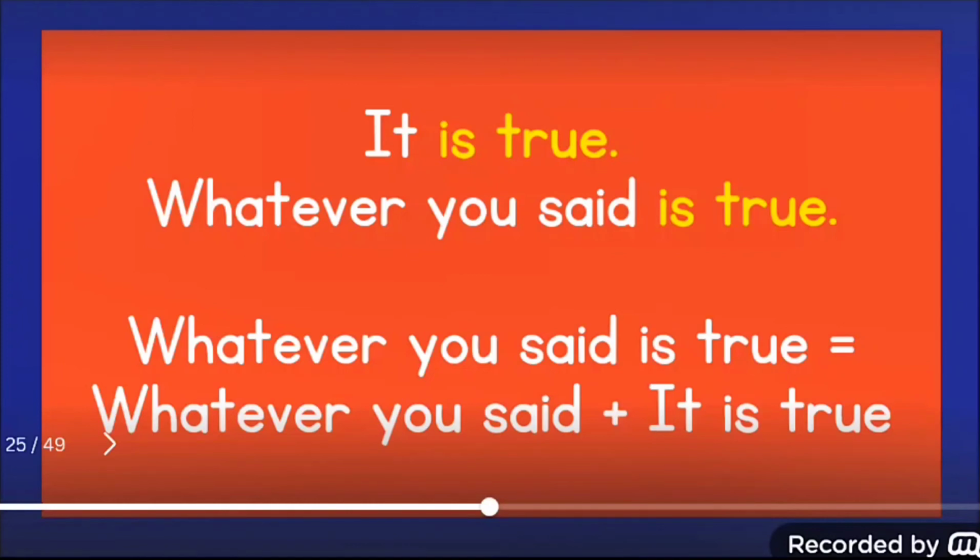Whatever you said. Right? So here, instead of writing a noun or a pronoun in the subject part, we have inserted a dependent clause. So, since this dependent clause occupies where a noun should have been, we can call it an example of a noun clause. Whatever you said is true. നമുക്ക് എങ്ങനെ സ്പ്ലിറ്റ് ചെയ്യാം? Whatever you said plus it is true becomes whatever you said is true, right?